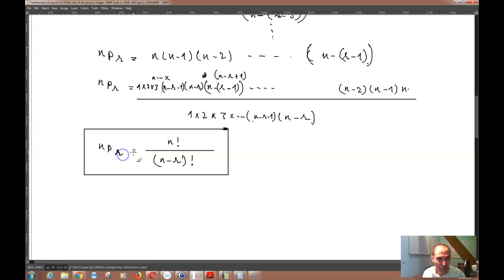And to remember or to understand what this thing is, very simply, it's all the arrangements.